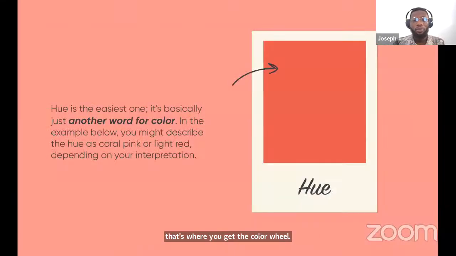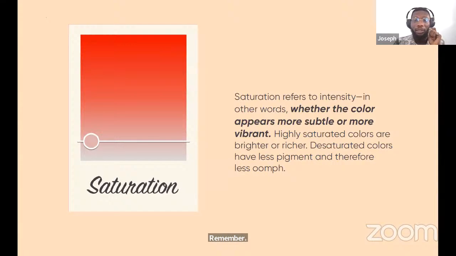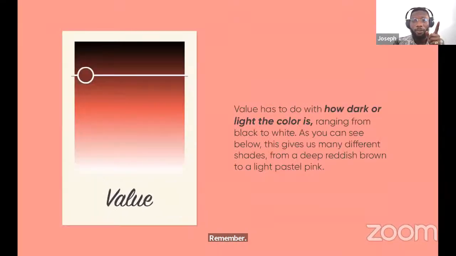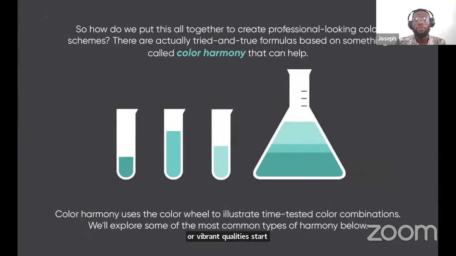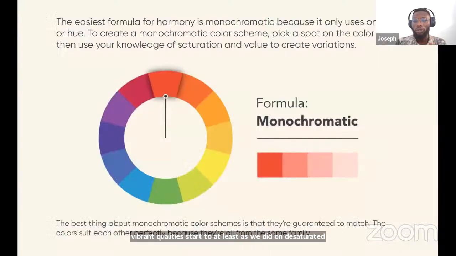Then remember saturation and value, right? Which is how dark or how light a color is, or how subtle or vibrant the color is, highly saturated or desaturated. Now, then, of course, the color scheme, which is the third thing.